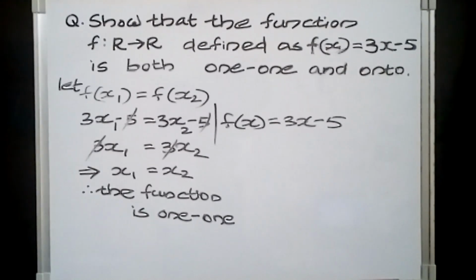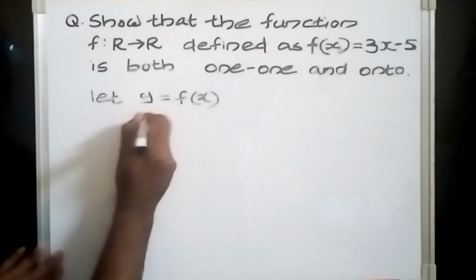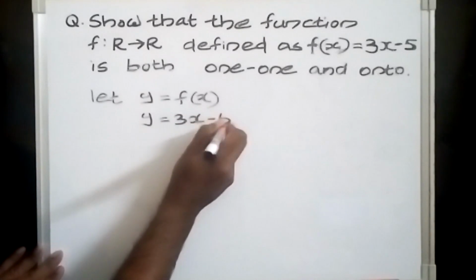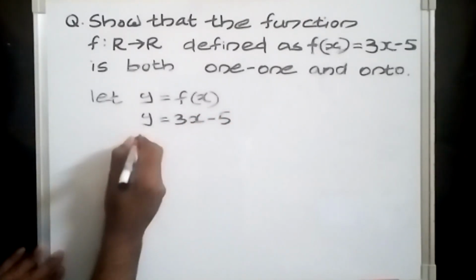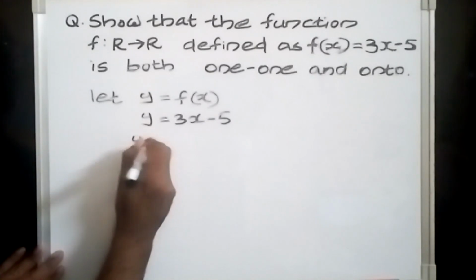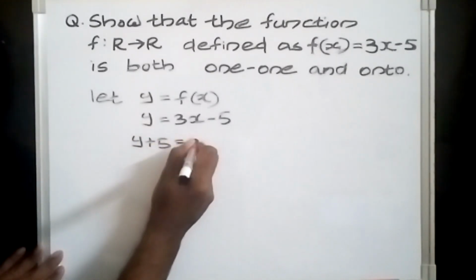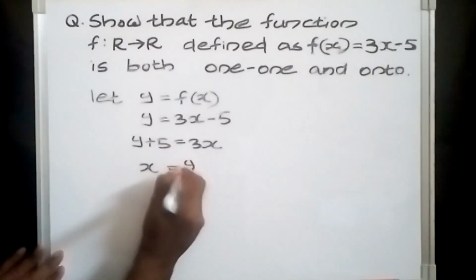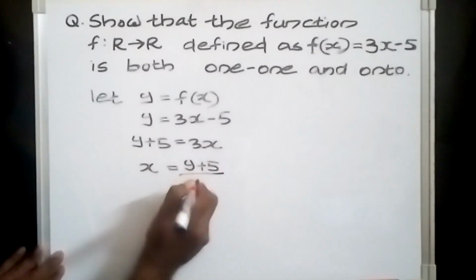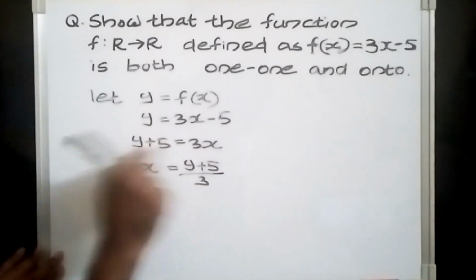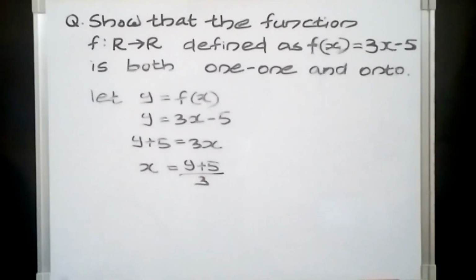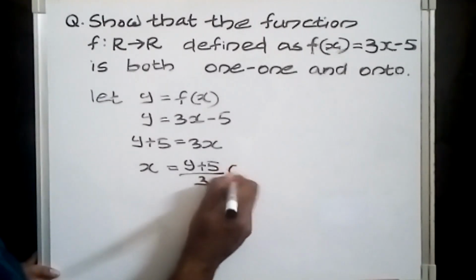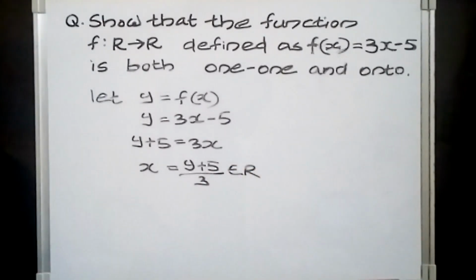Now to prove that it is onto, let y equal 3x minus 5. Therefore, 3x equals y plus 5, or x equals y plus 5 divided by 3. x equal to y plus 5 divided by 3 is also an element of R, a real number.